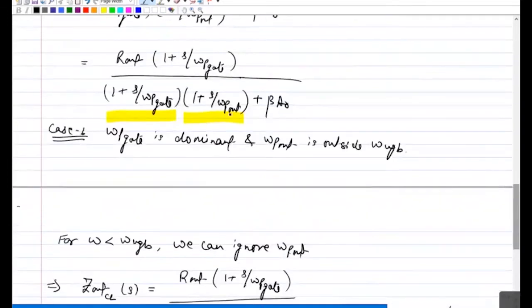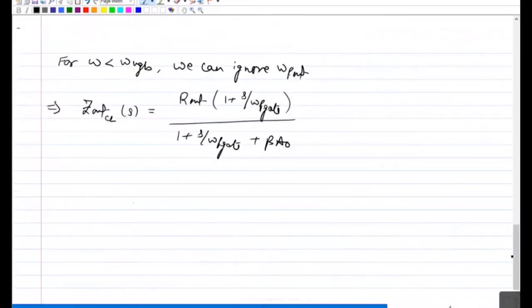Okay, so I just removed the 1 plus S over omega P out term. And what do you have now? The second order system has basically been converted into a first order system.